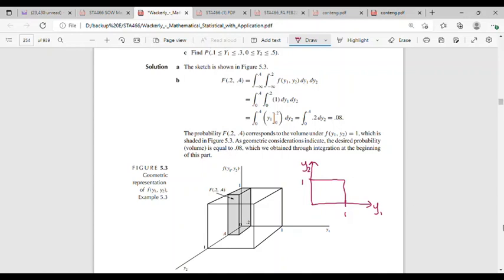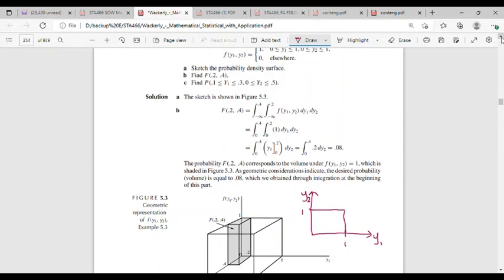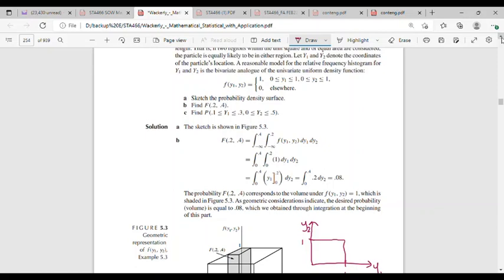I want to show how to get the probability value if the joint PDF is given. How do we get the probability when we deal with a bivariate density function? First of all, we need to know what the function is.